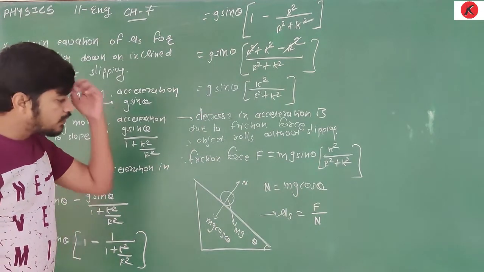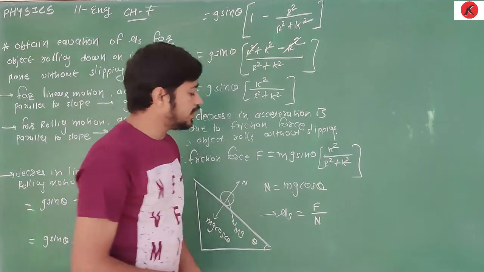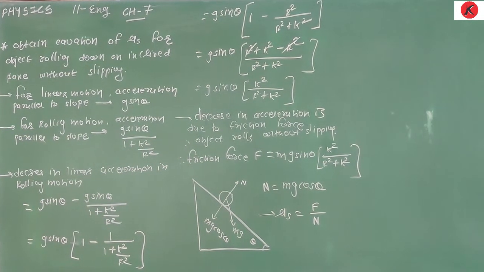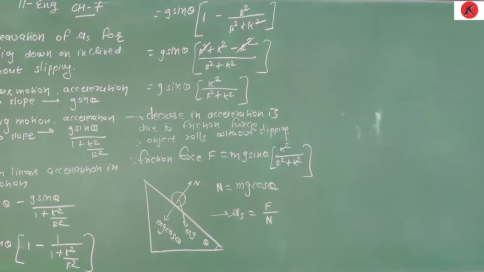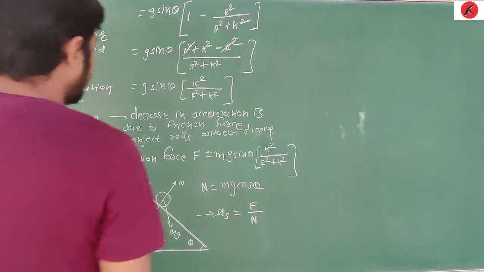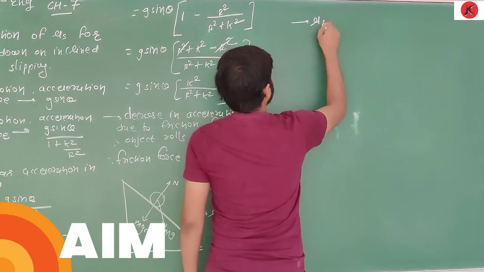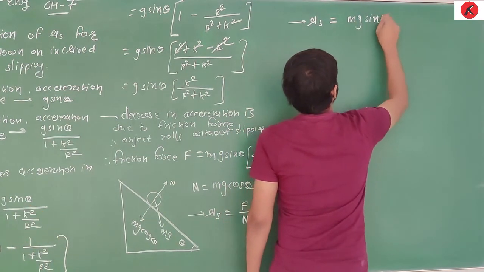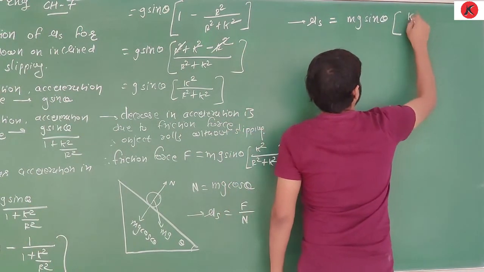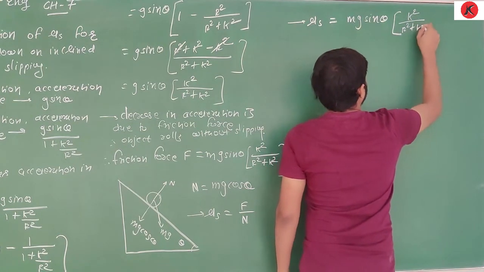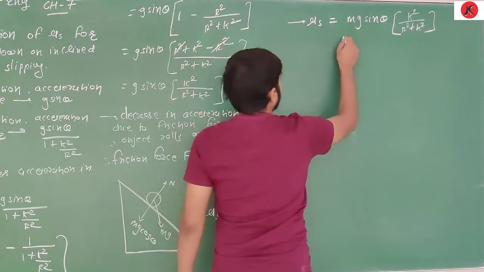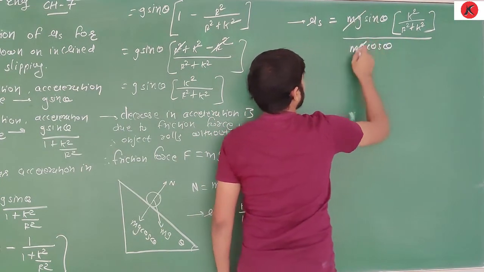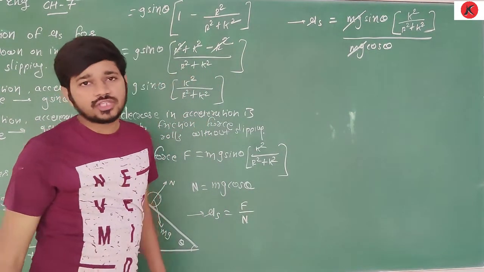So how to find mu s is equal to f upon N? Put the value of f, put the value of N, and then simplify. Mu s is equal to mg sin theta in bracket k square upon r square plus k square, divided by mg cos theta. mg cut, sin theta upon cos theta is tan theta.